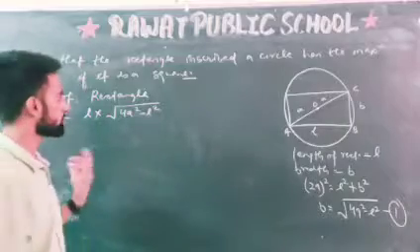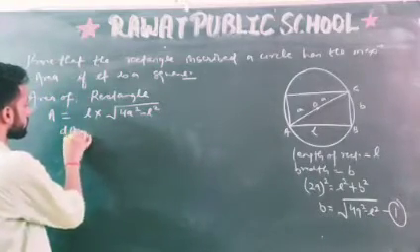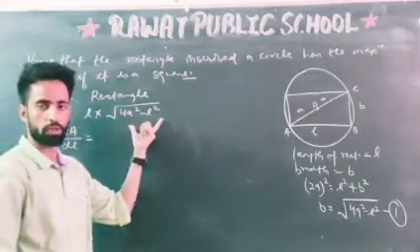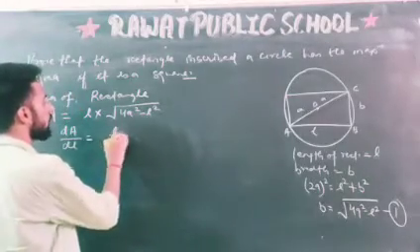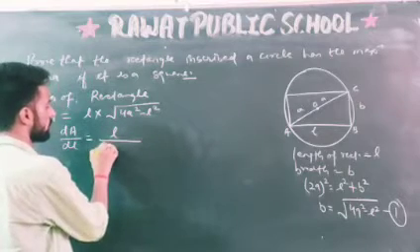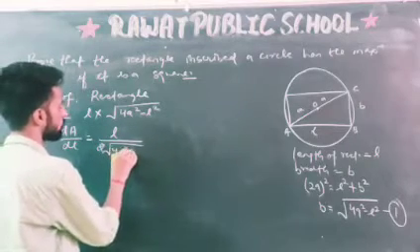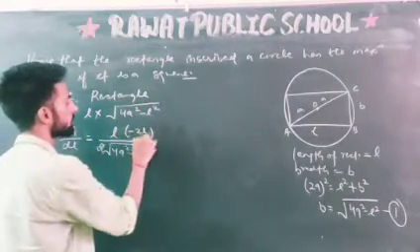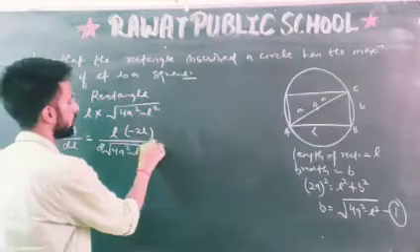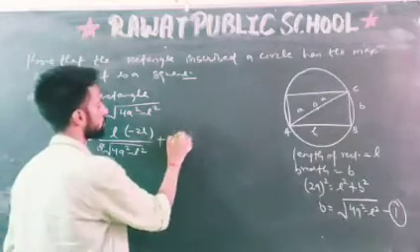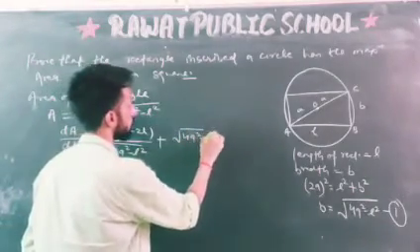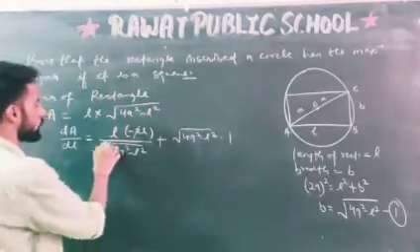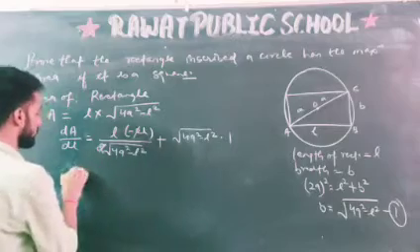Now if you want to see the change in this area, dA by dL, we can apply the product rule, u dot v. I am keeping L, differentiating the root, 1 upon 2 root x, and inside the root we have L square, which will give us minus 2L. Now I am keeping this as a constant, root of 4a square minus L square, and the differentiation of L is 1. Now this 2 and 2 cancel, we can take the LCM here.